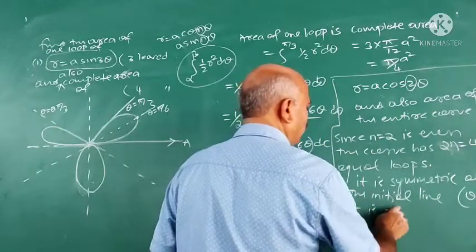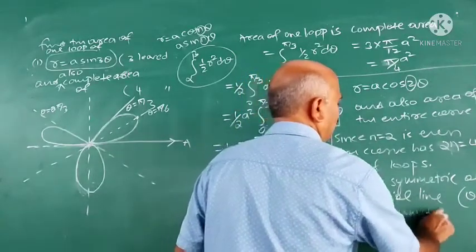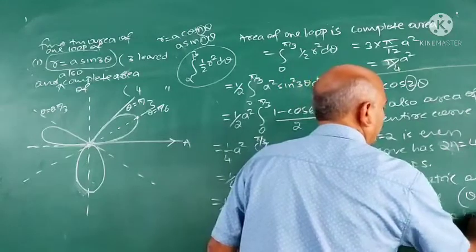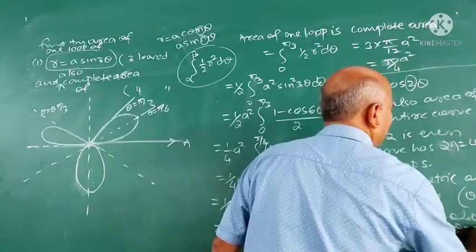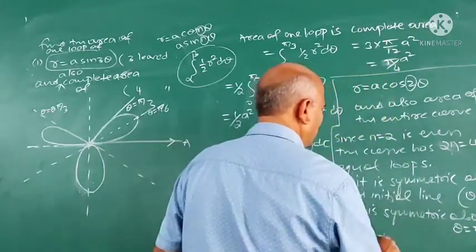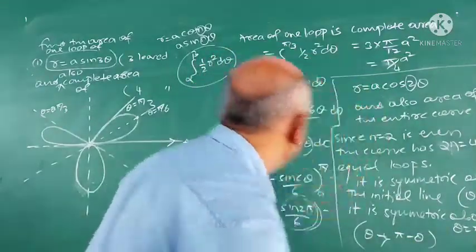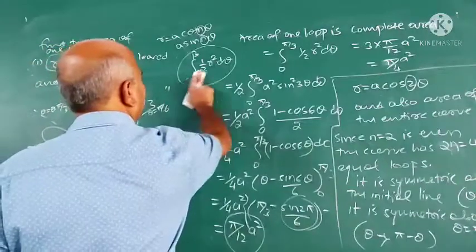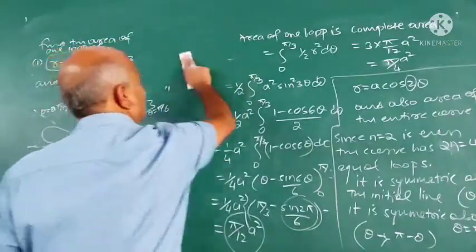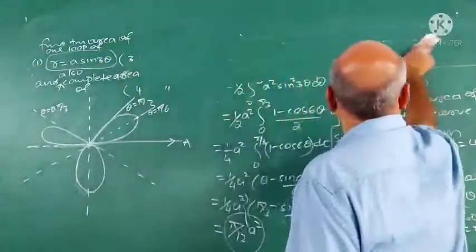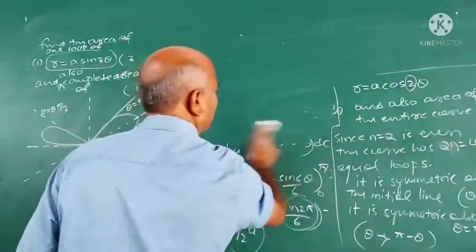It is symmetric about theta is equal to pi by 2 also, because if you change theta to pi minus theta, the equation is unaltered. So it is symmetric about the initial line and about pi by 2.